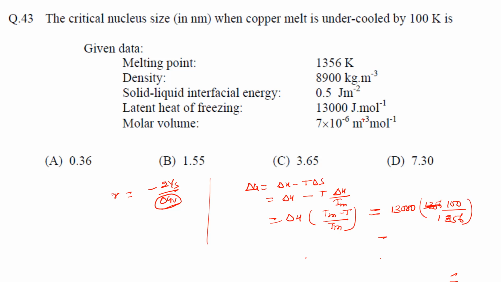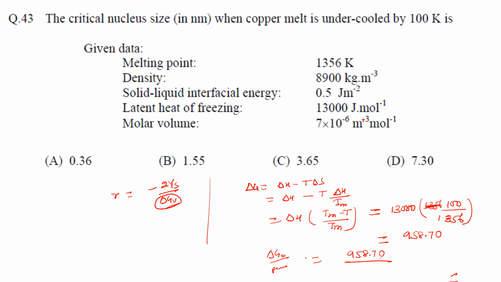Okay, so if we calculate this one, let me see the calculation. Your delta G value will be 958.70, right? So delta GV means per unit volume will be how much?